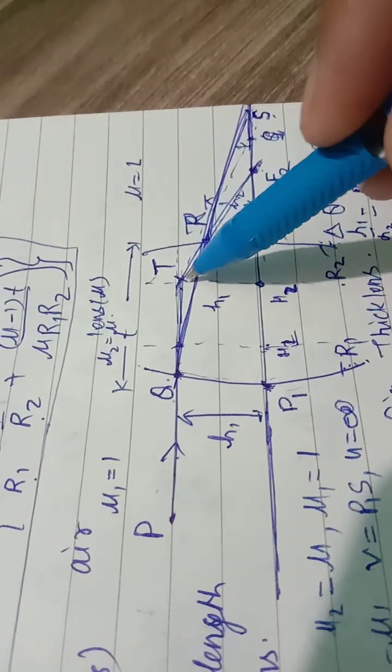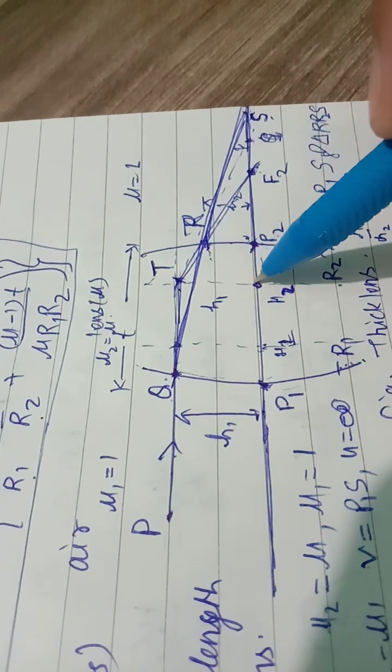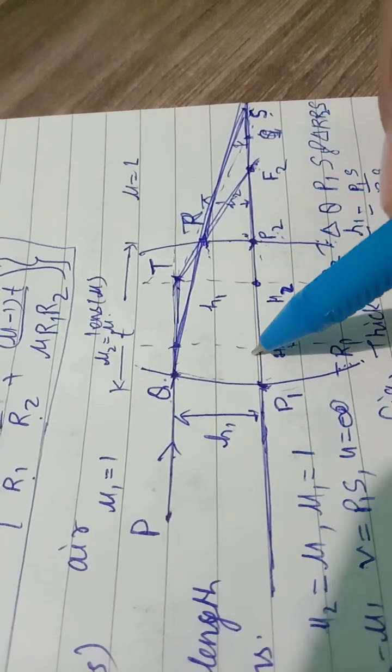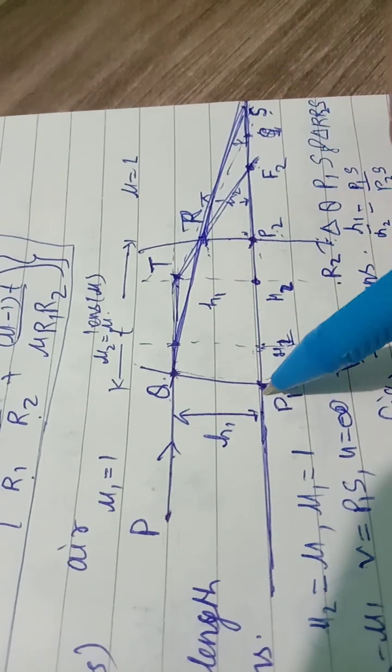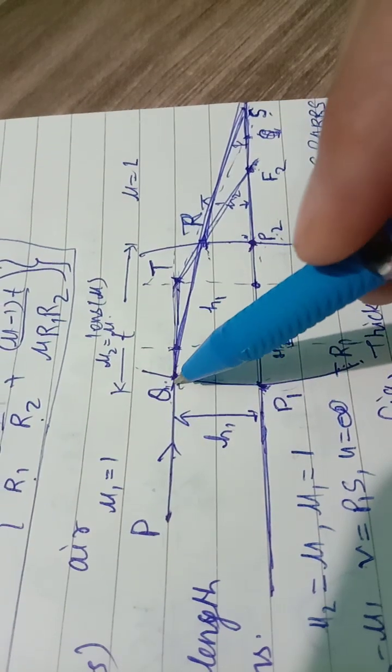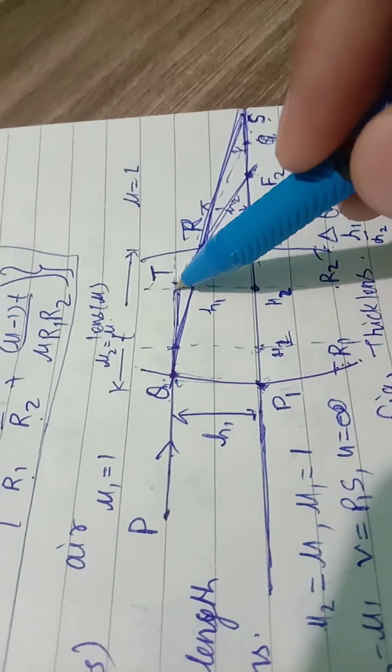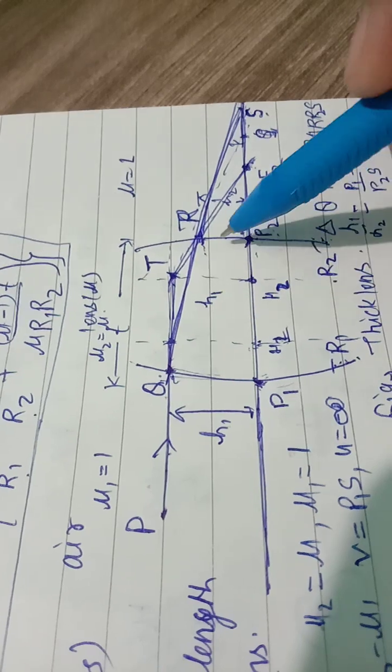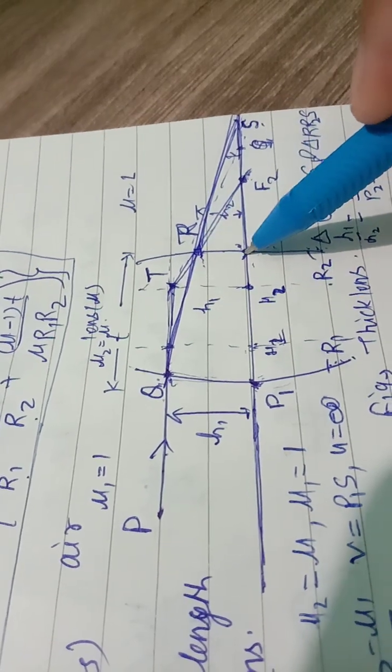In this case, we can see this distance is the same as this distance and the same as this distance. So this distance is also h1 and this distance is h2.